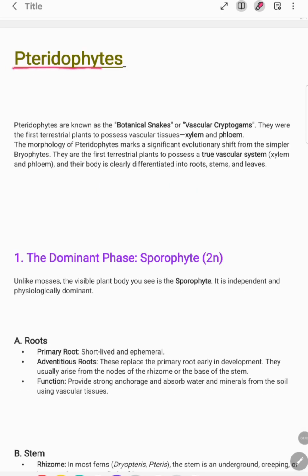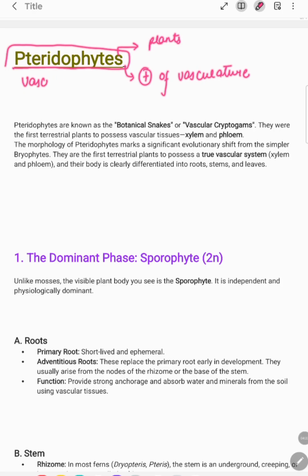One of the features which distinguishes the pteridophytes from the other plants is the presence of vasculature. As we have discussed earlier, the vascular system consists of two types of tissues.